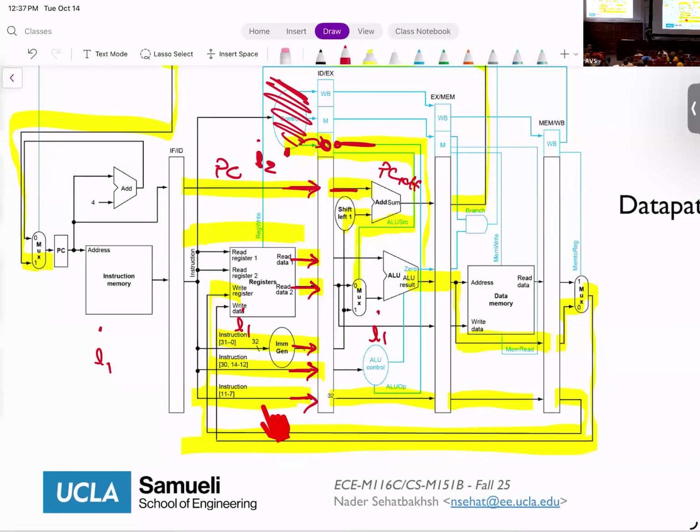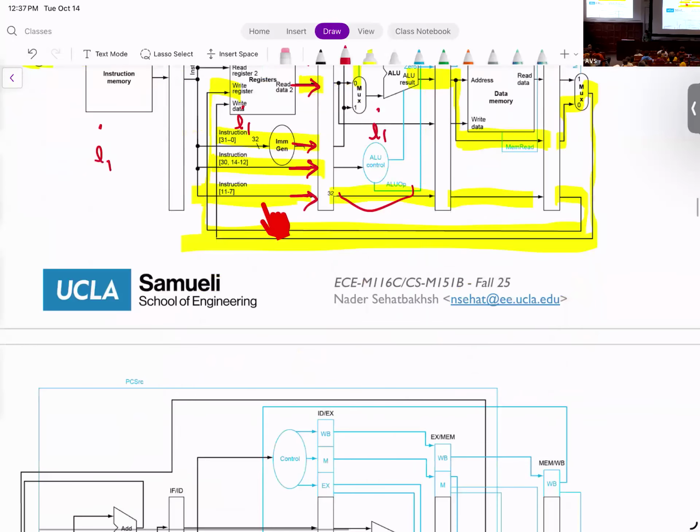So you always save them and you feed them together. You say, okay, you guys are a group of instruction 1. You go all together to the next stage of the pipeline, and then again, these things go together to the next stage, and so on and so forth. Okay? Any other questions? Good.